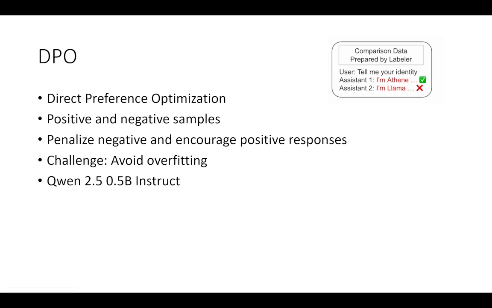If you want to say, don't say I'm Llama, but say I am Athene, this is how you give the training or fine tuning data set for DPO processing. So it has positive as well as negative samples. It will penalize the negative and encourage the positive response. That's the whole idea with DPO.